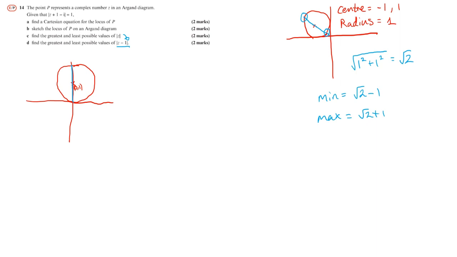So because our coordinates are 0, 1, this length here is 1, then we're going to do 1 minus 1, that's going to be 0. So minimum of 0, maximum of 1 plus 1, which is 2.